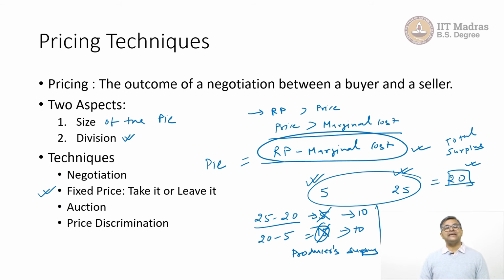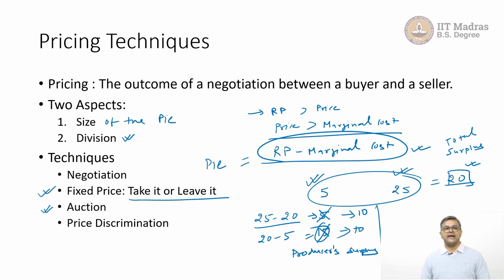There also I say a negotiation is taking place. The seller is using a particular strategy, we can call it a take it or leave it strategy. The seller has already decided its surplus and whatever is left is for you. Many times we see that an auction takes place to decide who is going to get how much of the surplus.